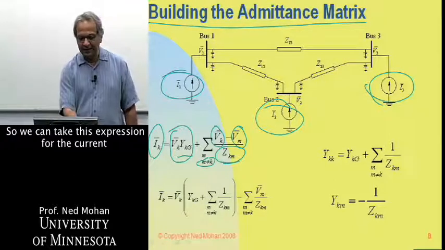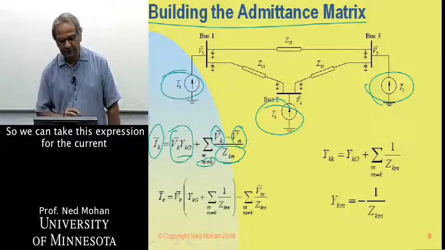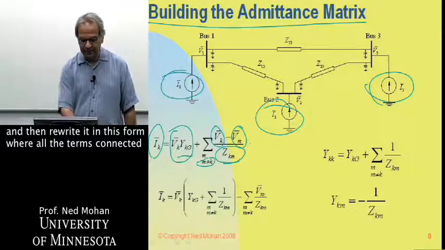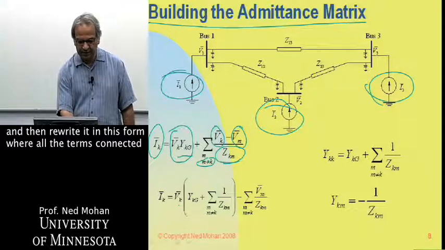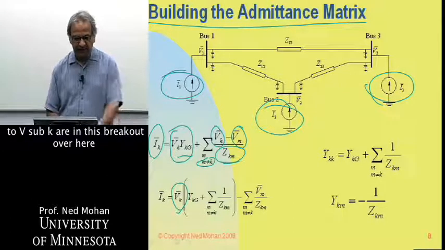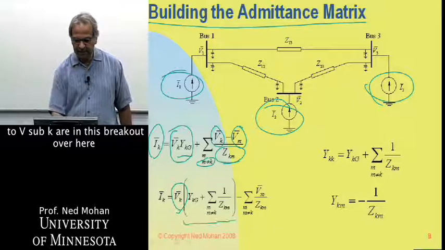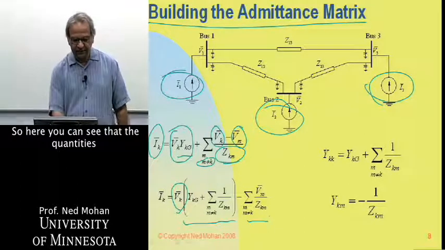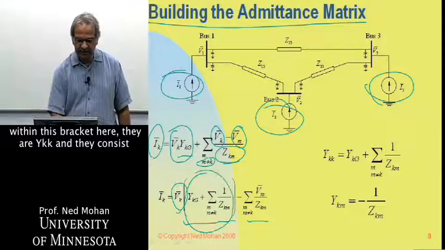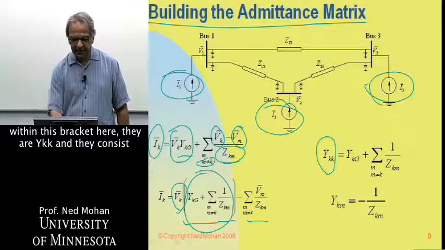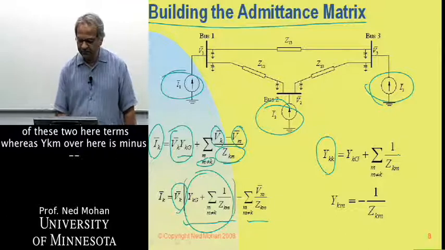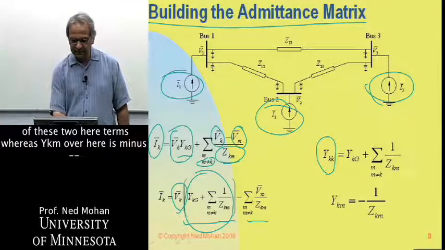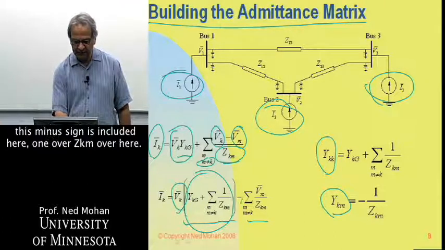We can take this expression for the current and rewrite it in this form, where all the terms connected to V sub k are in this bracket, and the rest are over here. The quantities within this bracket are Ykk, and they consist of these two terms, whereas Ykm is minus 1 over Zkm, where this minus sign is included.